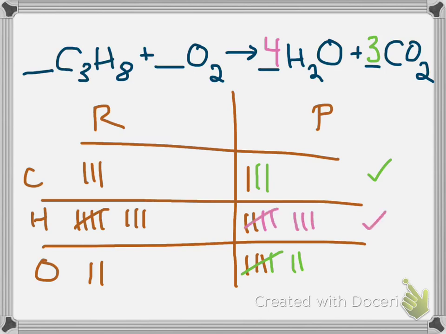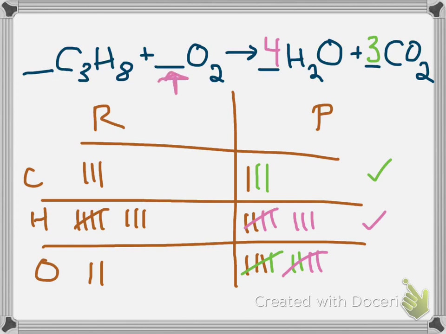Okay, so my hydrogen is balanced. But now I've changed the number of oxygens. So this is 4 oxygens from the H2O and 6 oxygens from the CO2. So 4 plus 6 gives us 10 oxygens. So now I need to figure out what goes here.